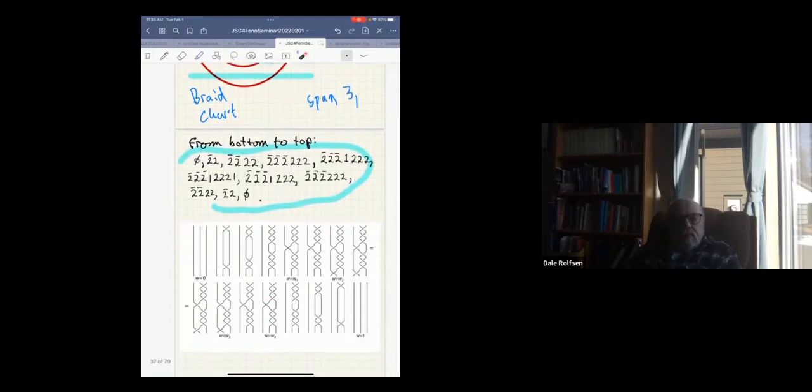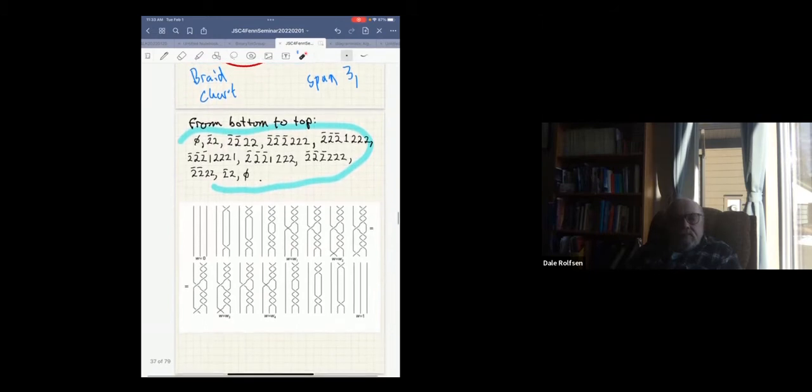And this is a corresponding movie of that braided surface. And at these particular points, those are where the black vertices are occurring.